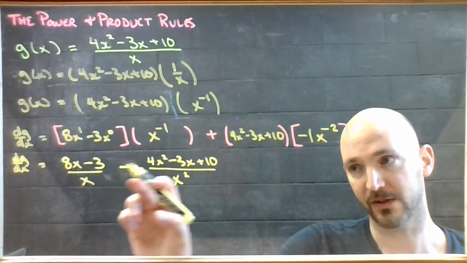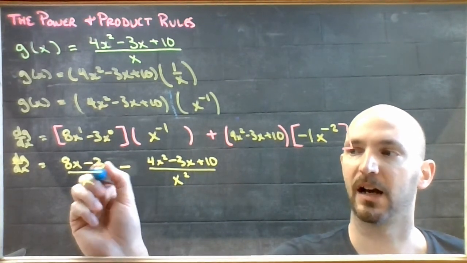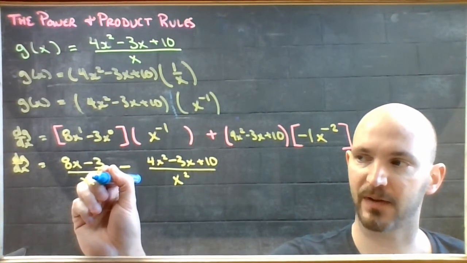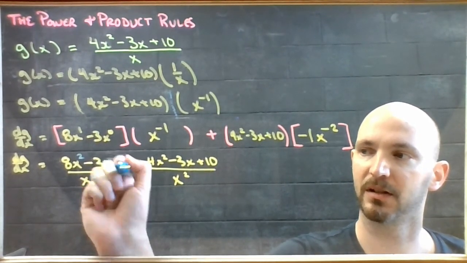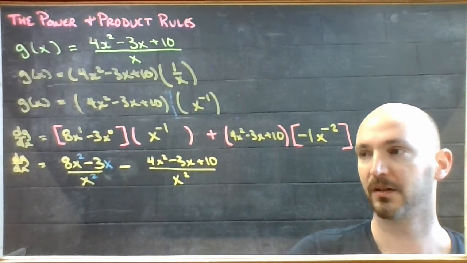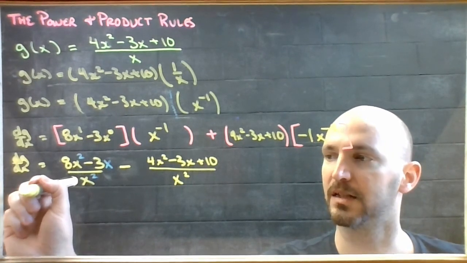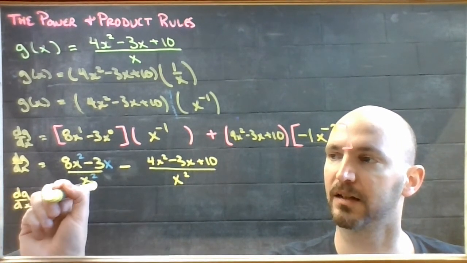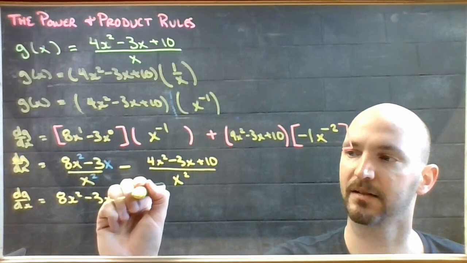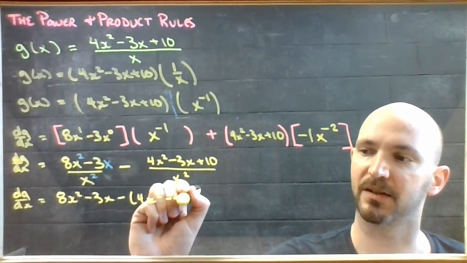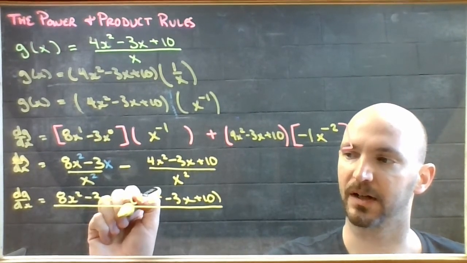Now, I have a fraction minus a fraction, and the denominators do not match, so I'm going to try and fix that. I can make these match if I put an extra factor of x in the bottom, which means I'll have to introduce one in the top. So if I do that, my next line in the derivative would be dg by dx is 8x squared minus 3x minus 4x squared minus 3x plus 10 all over x squared.